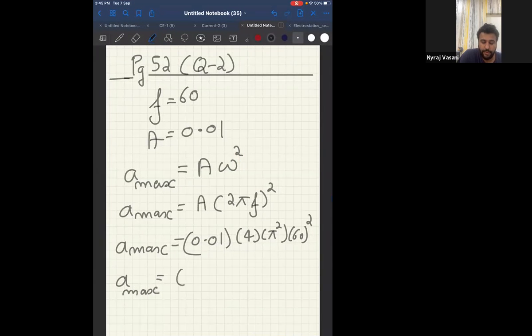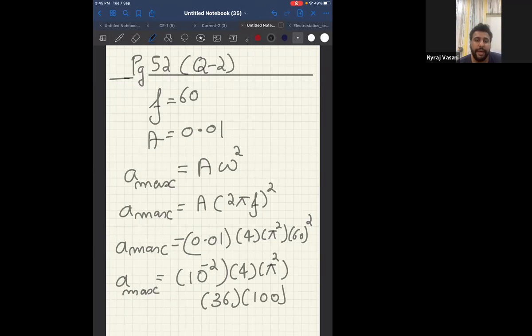So 0.01 can be written as 10 power minus 2. Correct? 10 power minus 2 into 4 into pi square into 60 square. 60 square means 6 into 6, 36 into 100.